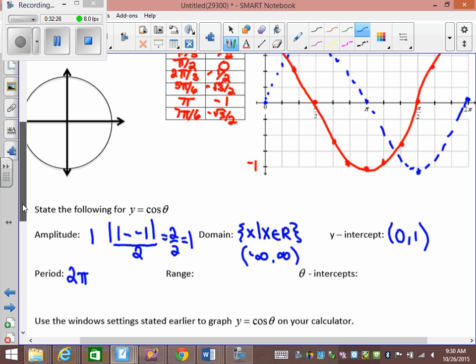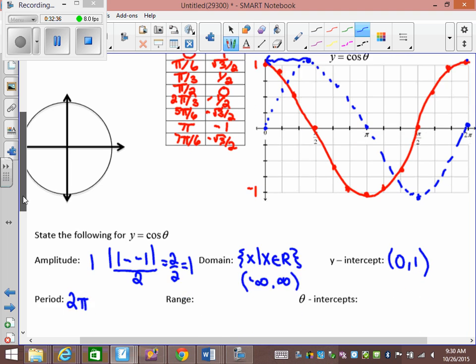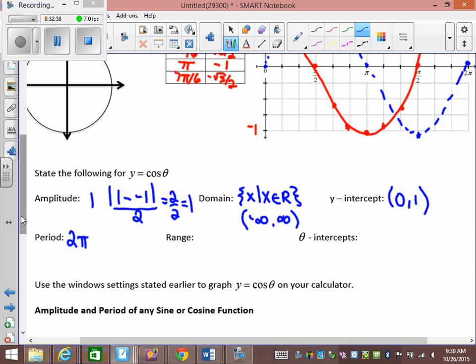So it repeats itself every 2 pi. If you look at it, it's going to a max, back to a max, right? It's still 2 pi. And then my range didn't change. Negative 1 is less than or equal to y is less than or equal to 1.